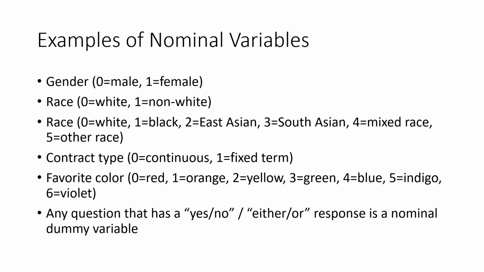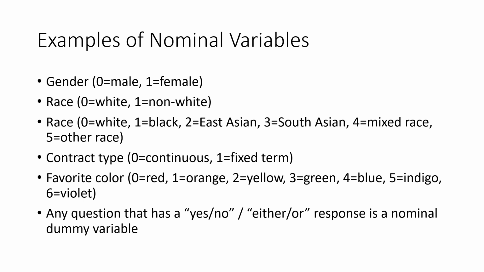But just for the purposes of an example, favorite color could be coded 0 equals red, 1 equals orange, 2 equals yellow, 3 equals green, 4 equals blue, 5 equals indigo, and 6 equals violet. I, for one, have a bit of difficulty in distinguishing between indigo and violet, but I guess that's just me.